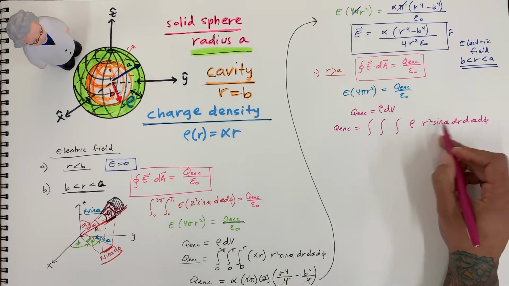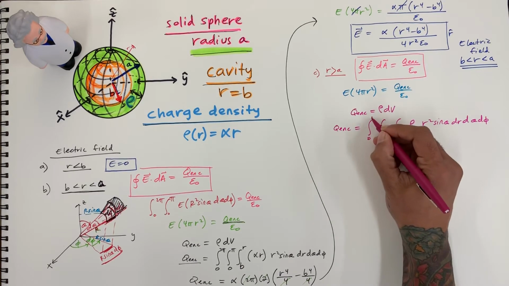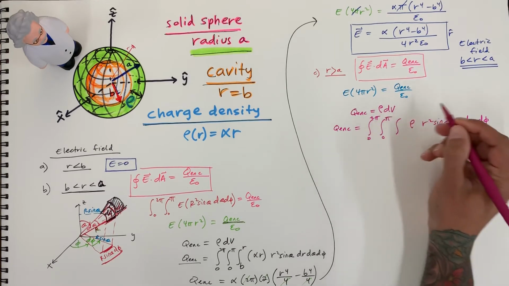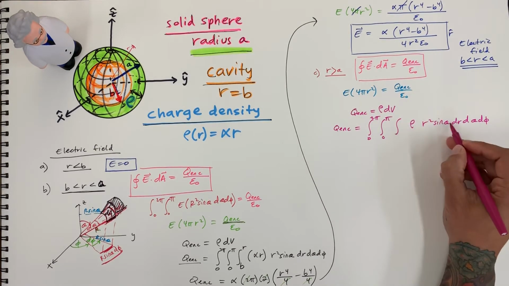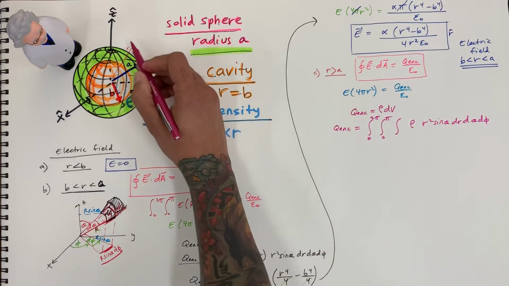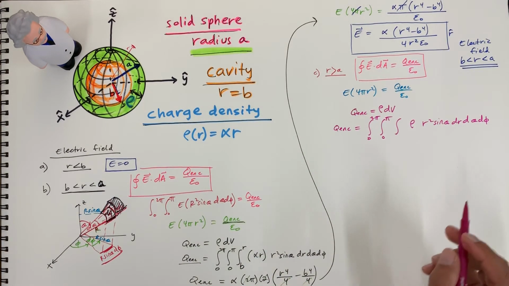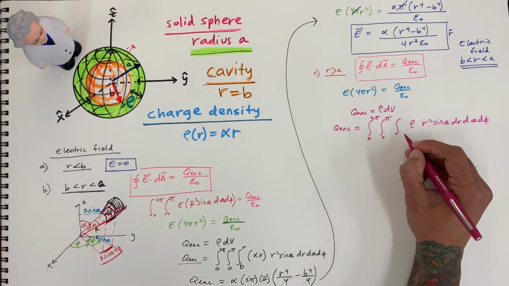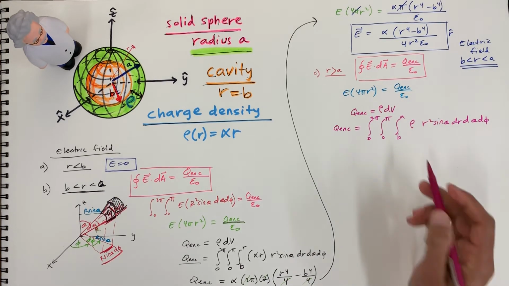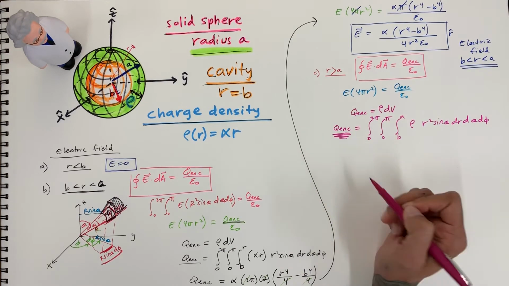Okay, so our limits of integration for phi are going to be from 0 to 2 pi, for theta is 0 to pi, and for the r, with the differential radius, we want the area outside of the sphere. Okay, so we're gonna write here b to a, because that's the only area where charge is enclosed.